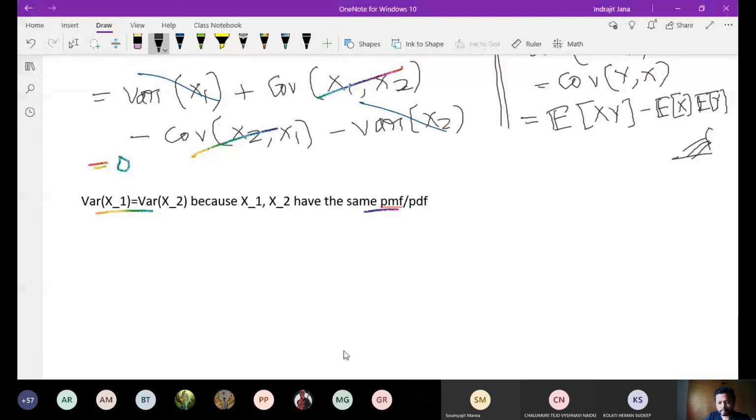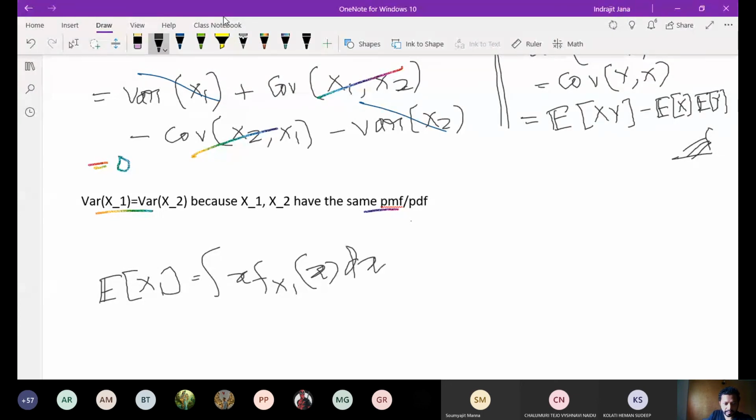If you want to quickly see this, suppose both of them have the same PDF or PMF, let's say f(x). So expectation of x1 is going to be the integration of x against the PDF of x1 dx.